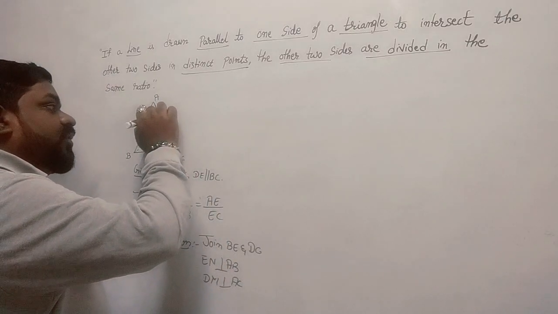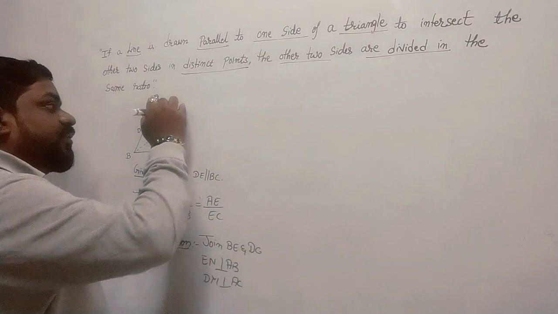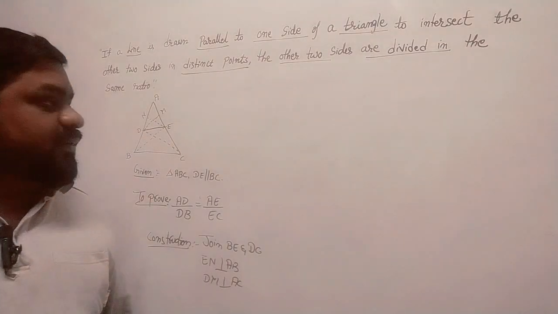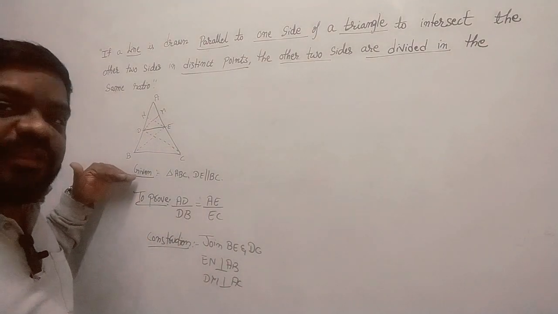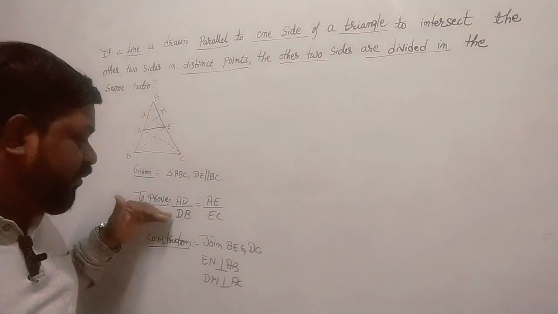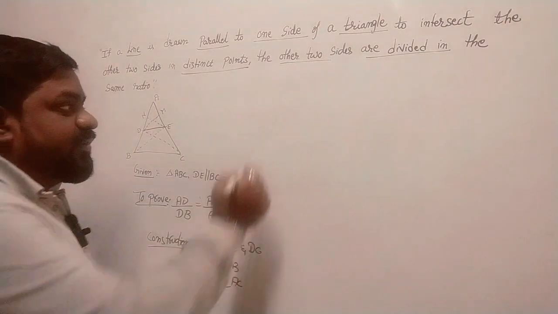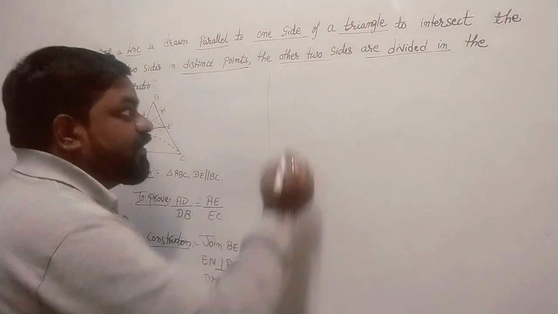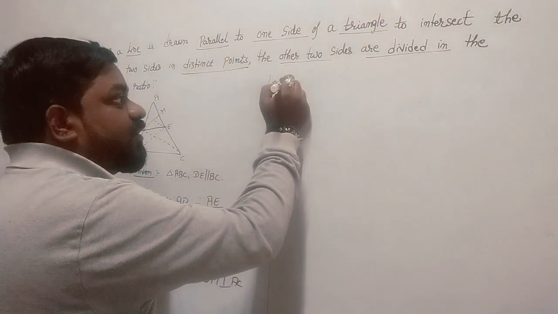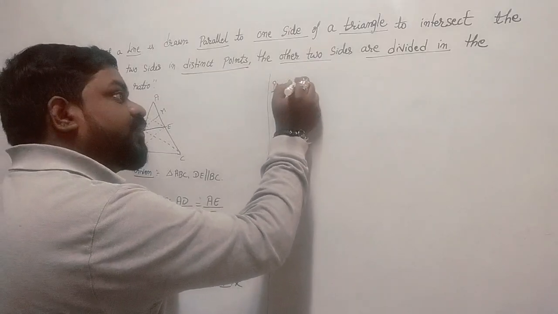From D, draw a line perpendicular to AC. First, we need to write the given, then to prove, and construction. Now let's start the proof.